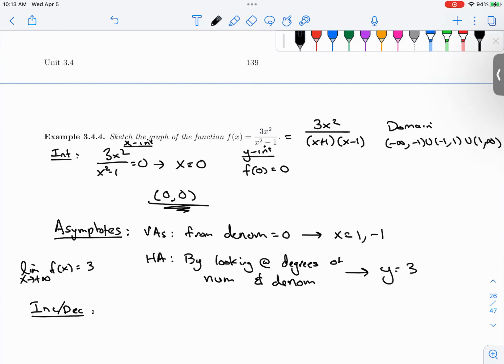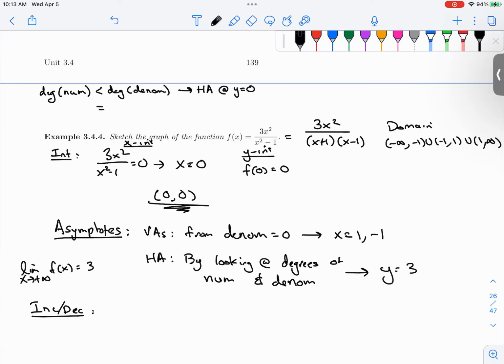If the degree of the numerator is less than the degree of the denominator, like x to the first power over x to the third power, or x to the 17th over x to the 21st, so if the degree is bigger in the denominator, you have a horizontal asymptote at y equals 0.